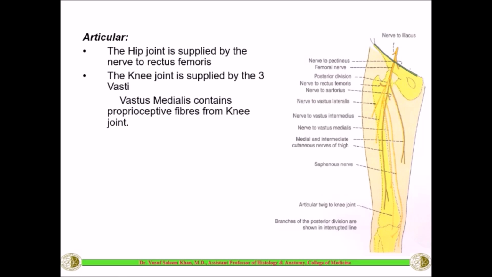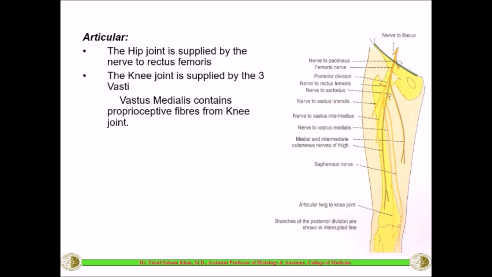The vastus medialis contains proprioceptive fibers from the knee joint. What do we mean by proprioceptive fibers? It is the sensation of the position of the joint. Whenever the brain has to give a command for the joint to flex or extend, it should know what exactly the position is right now. Because if the knee joint is already flexed and again the brain gives the command to flex, it cannot flex.